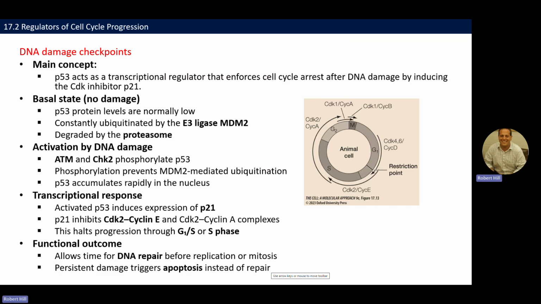So when DNA damage occurs, ATM and CHEK2 phosphorylate P53, preventing MDM2 from binding and tagging with ubiquitin. Stabilized P53 now accumulates in the nucleus. It activates transcription of P21. This is a CDK inhibitor, thus arresting the cell cycle.